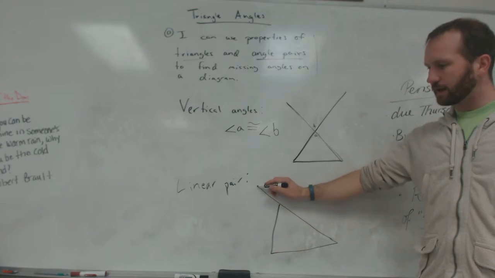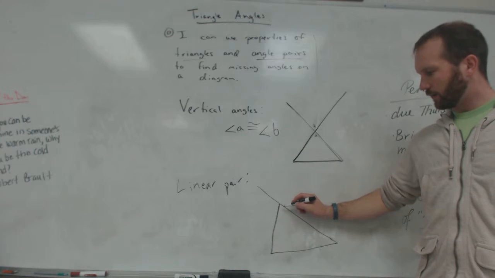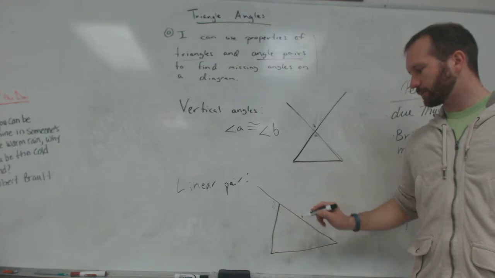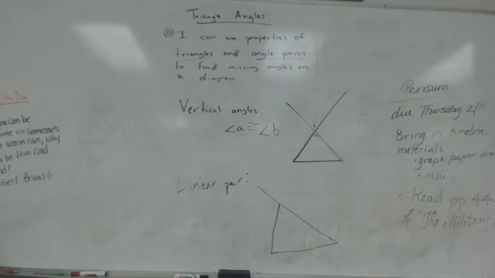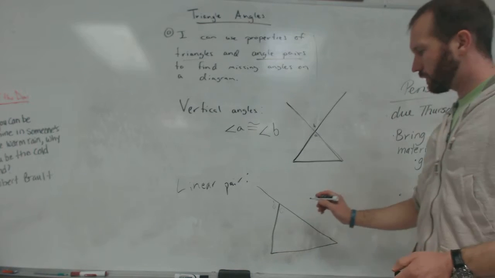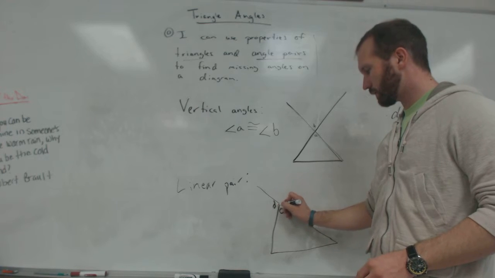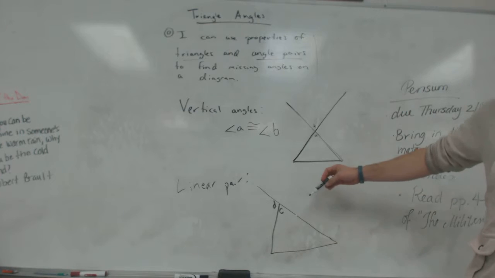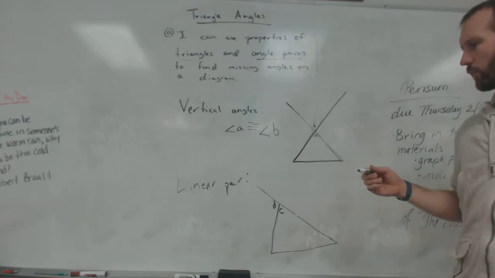If I were to extend this side of the triangle, let's call this C and we'll call this D. I now have a linear pair. And what do we know about those two angles? They add up. The measure of angle C plus the measure of angle D equals 180, or they are supplementary. Right?